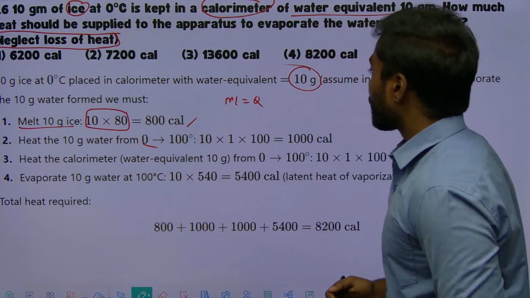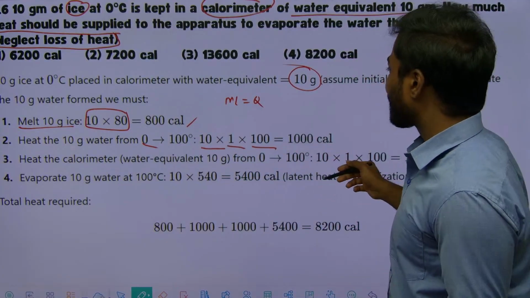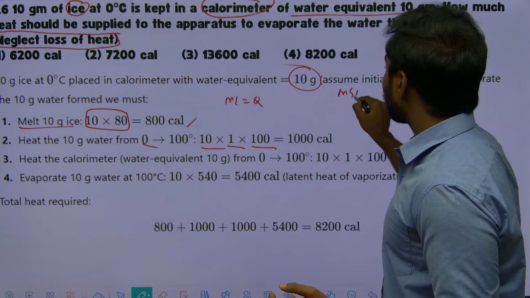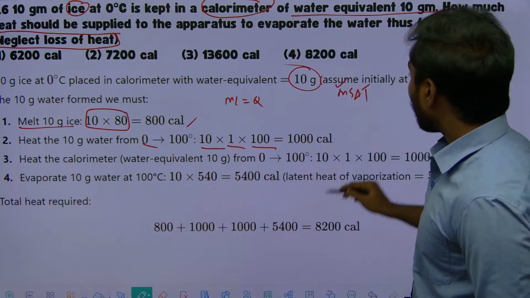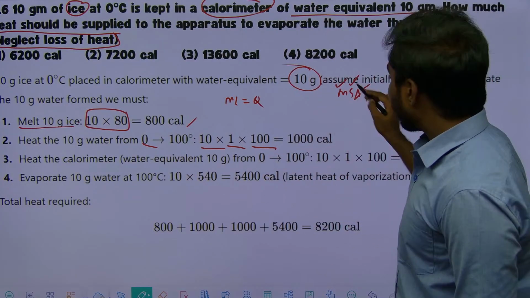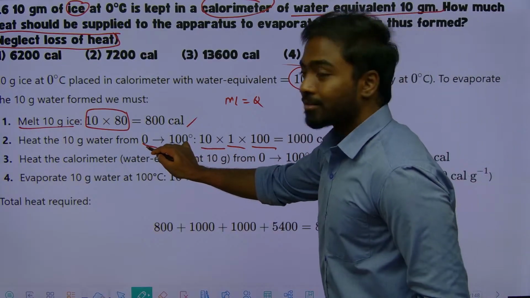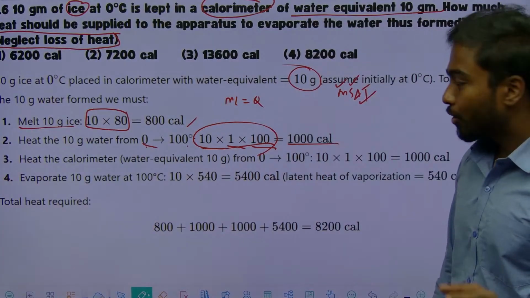So 10 into 1 into 100. What is the meaning of 10 into 1 into 100? m s delta T. Got it? Got the point?